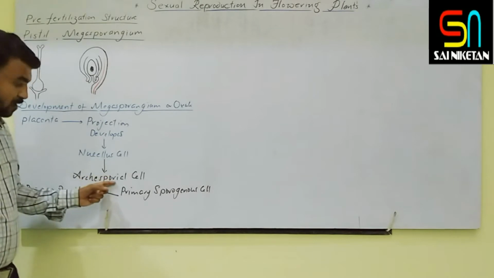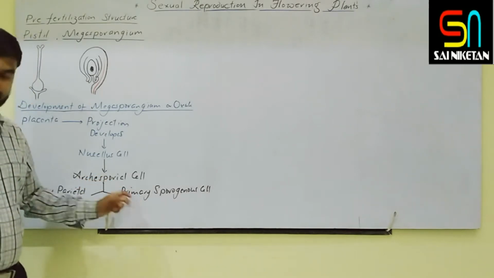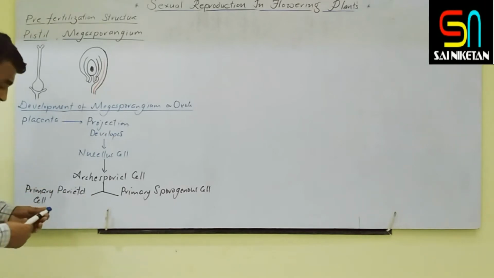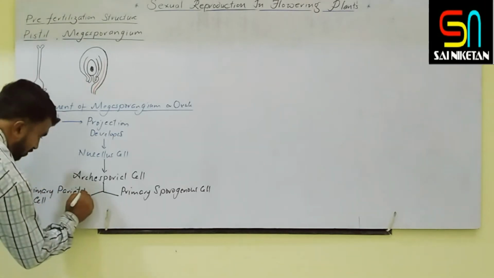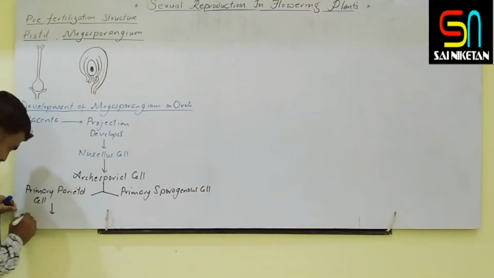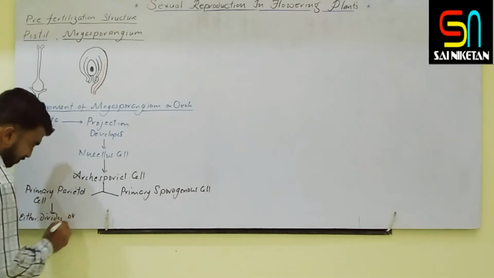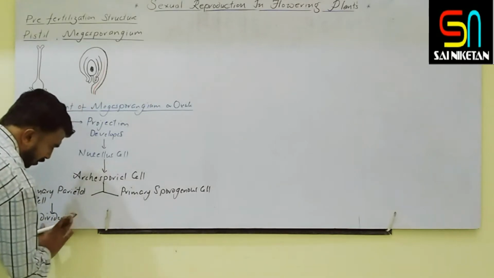We covered almost the same topic in the development of anther. In that also the archesporial cell is present, and it divides into the primary parietal cell and the primary sporogenous cell. The primary parietal cell either divides or not.